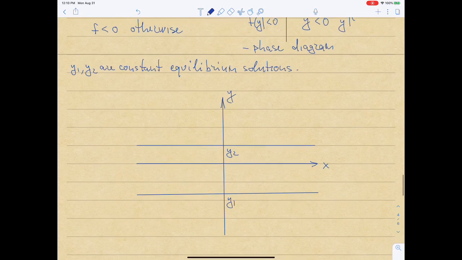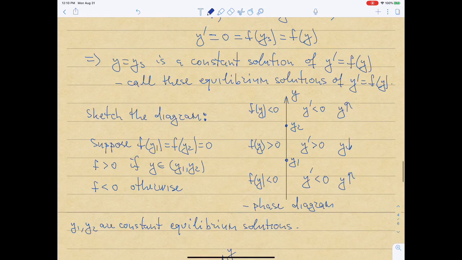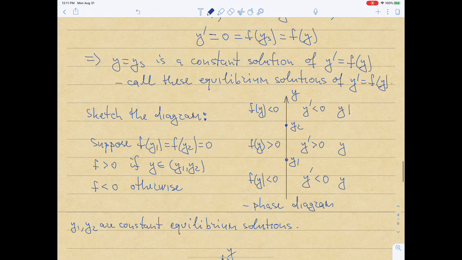Let's look now at what happens when y is bigger than y2. If y is bigger than y2, our phase diagram tells us that y prime must be negative. If y prime is negative, that means that the slope, actually, I'm not sure why I placed the arrows like this, they're exactly the opposite. The function is decreasing here, increasing here, and decreasing there.